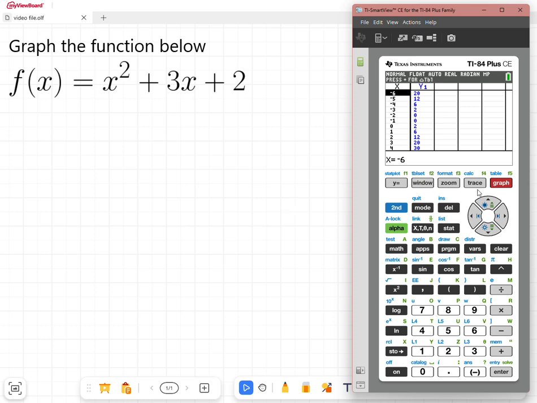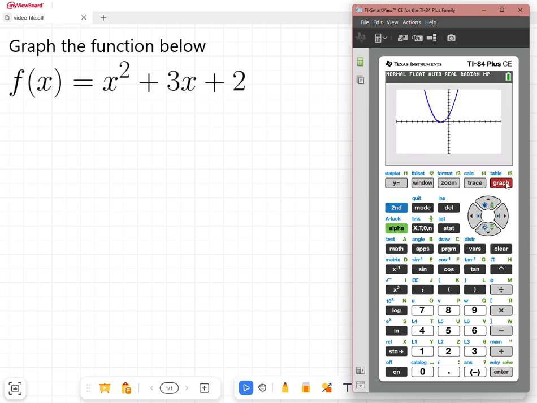We're also going to talk a little bit about the calc and the trace buttons. So if I go back to my graph menu, there are ways that I can find specific points along that curve. That's going to come from the calc menu, which is above the trace button. So second trace.